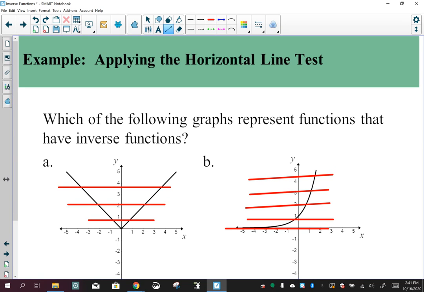So that's why B has an inverse and A does not, because in B, the horizontal line test actually passes. Okay, so extremely easy. When in doubt, graph it out, throw it in your graphing calculator, and draw some horizontal lines to see if it actually has an inverse.